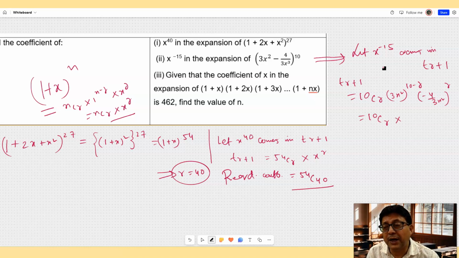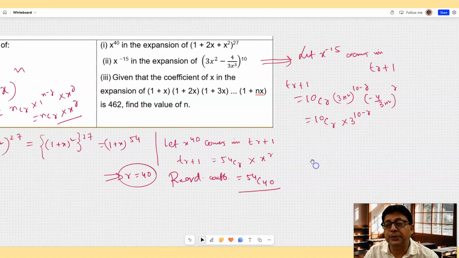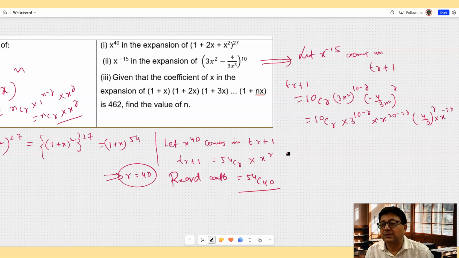So this is nothing but 3 to the power 10 minus r into x to the power 20 minus 2r, into (minus 4) to the power r by 3 to the power r, x to the power minus 2r. My concern is about the index of x.